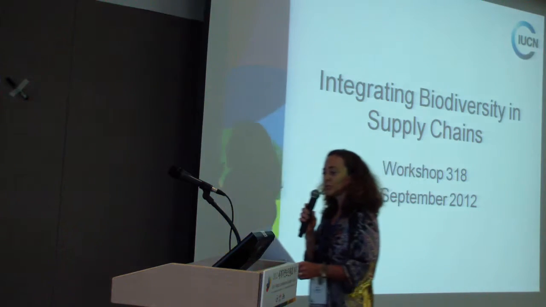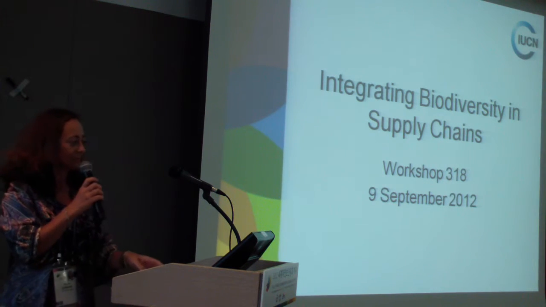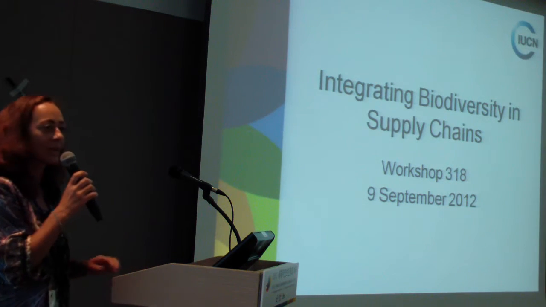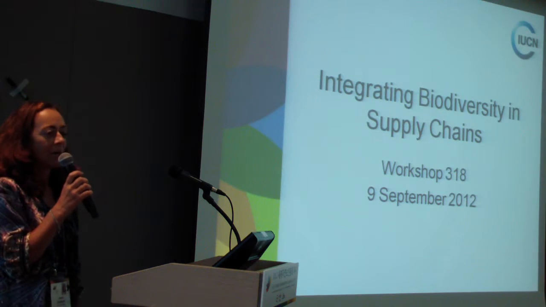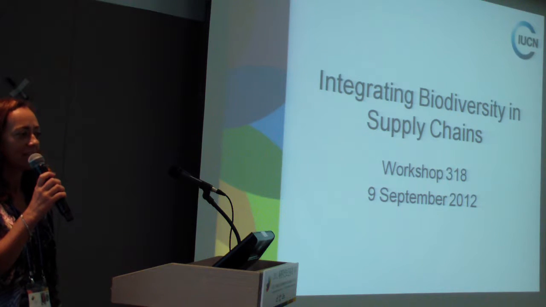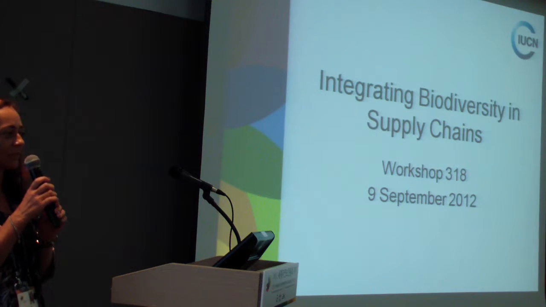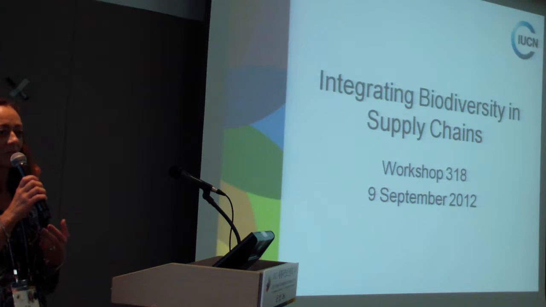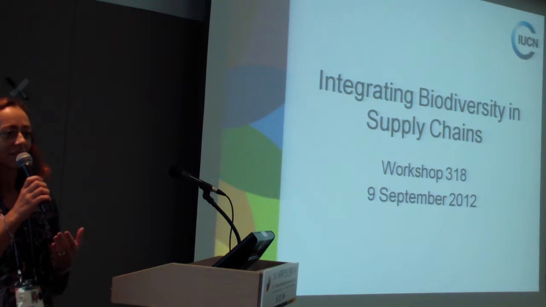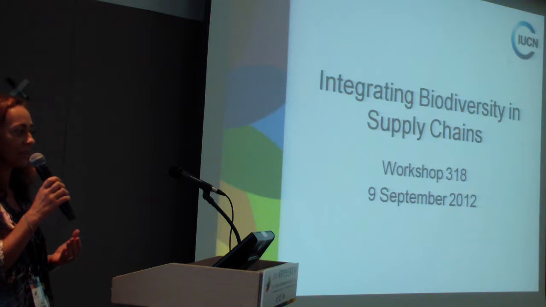But I just wanted to quickly explain why we're talking about biodiversity in supply chains. The issue of supply chains, I think we all agree, is very important. Most of us talk about indirect impacts, but even if we put the word indirect, it doesn't mean that they're insignificant and not important.